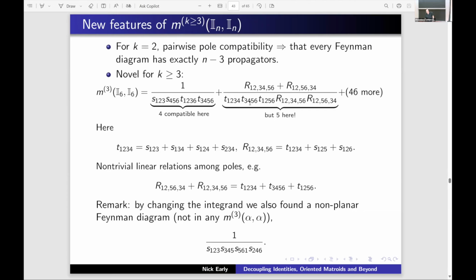So these new poles R(1,2,3,4,5,6) enjoy some cyclic symmetry. They're actually invariant under permuting 1, 2, 3, 4, 5, 6 to 3, 4, 5, 6, 1, 2.